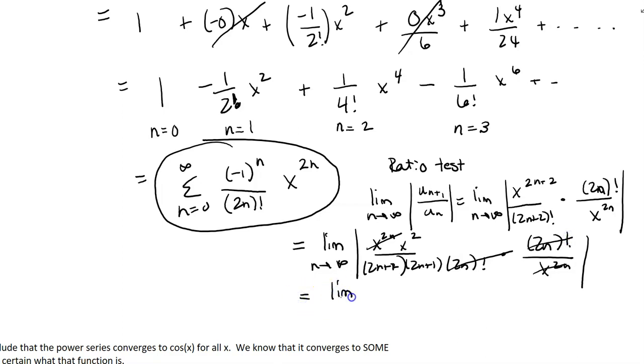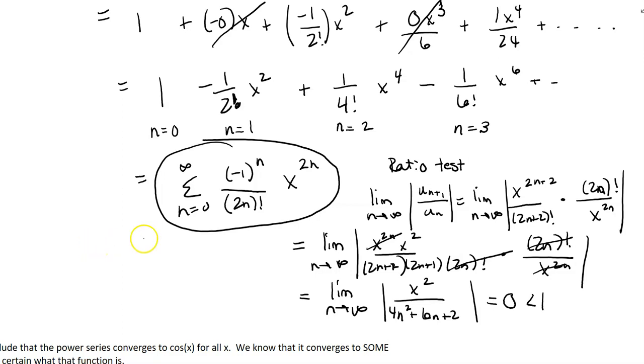And I get the limit as n approaches infinity of the absolute value of x squared over 4n squared plus, let's see, that'll be 6n plus 2. And since we're taking the limit as n approaches infinity and there's no n in the top but there's an n squared in the bottom, that is 0, which is less than 1 for all x.